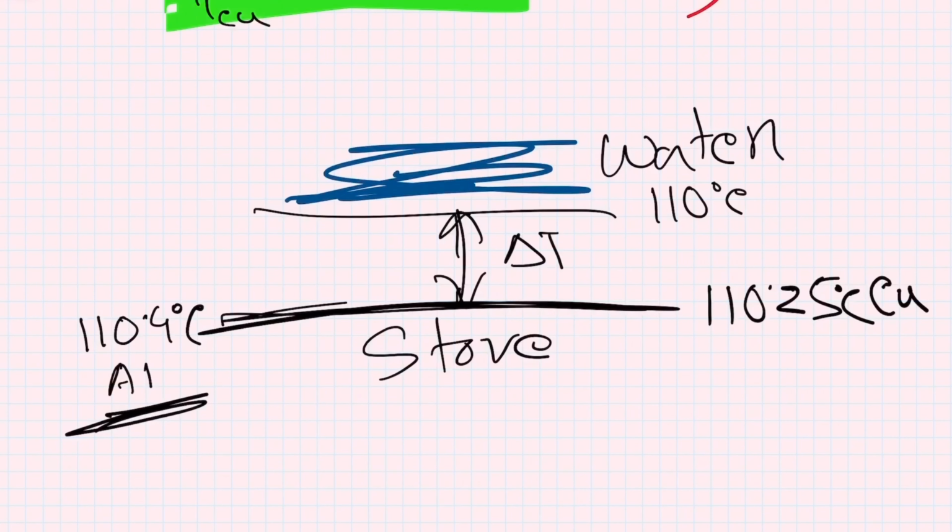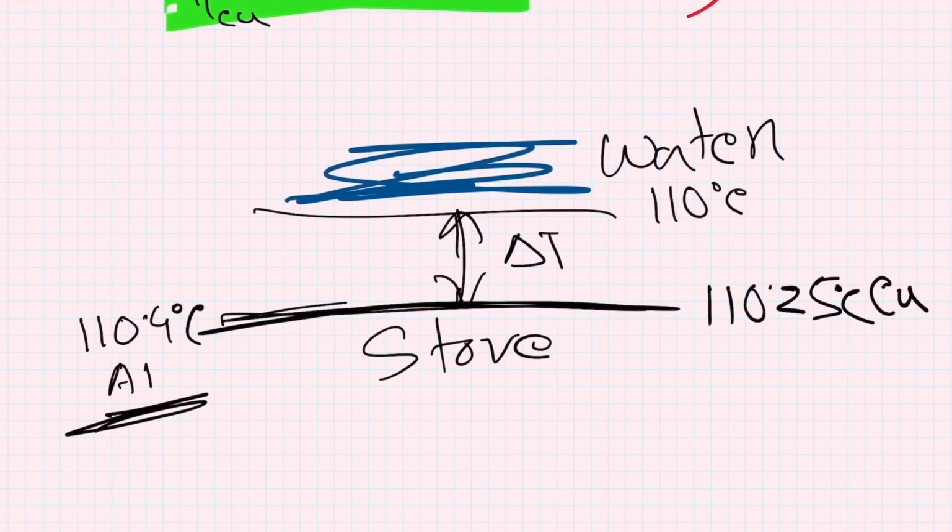Another noticeable thing is that you can consider these two surfaces to be essentially at the same temperature, because they're both close to 110, and you can just round and neglect this small change of 0.4 or 0.25 degrees Celsius for practical purposes. But why is that?